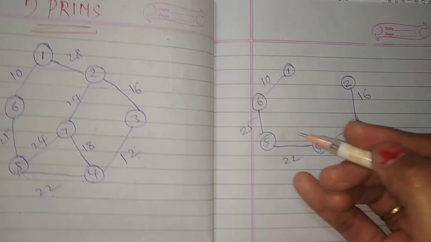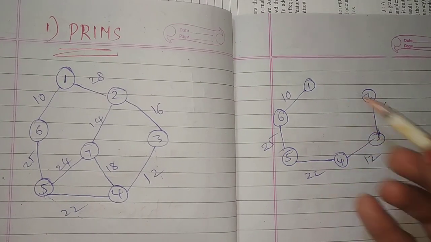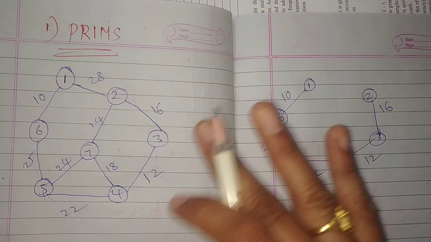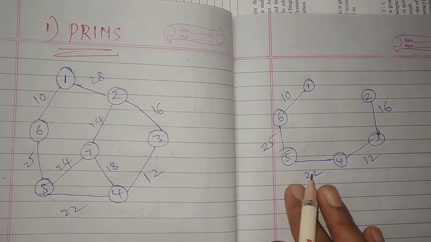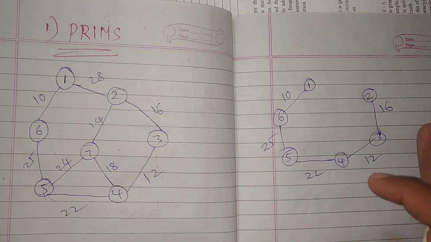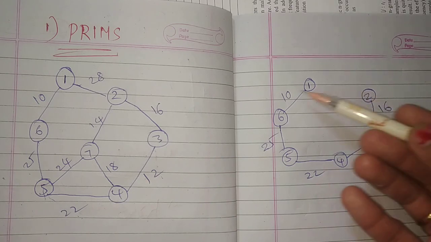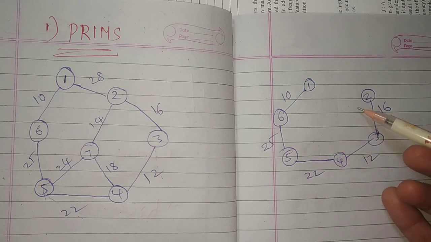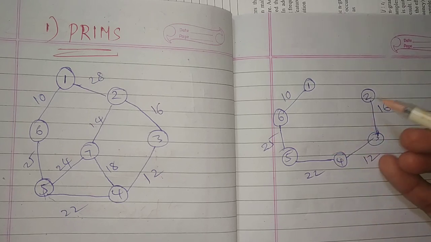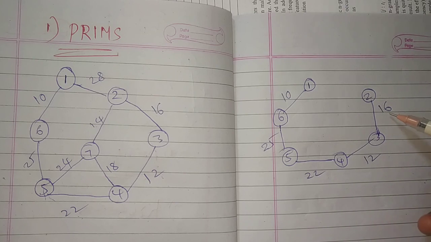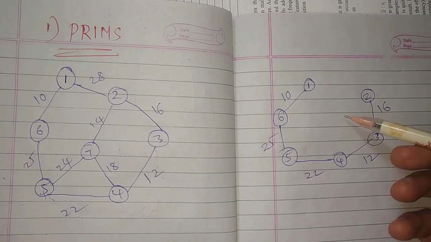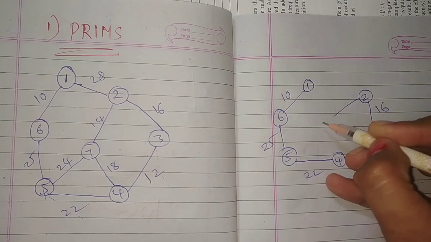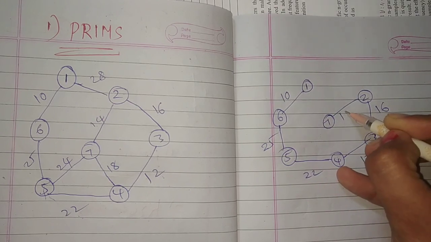Again you have only one, so that's why you take 2 to 3, 16, right? And next 2 to 1, no, you would get a cycle, don't take that. Because in a spanning tree no cycles will form. Okay, next don't take that. Next for 2, 14, right? Among 16, 14, 14 is the minimum, correct? 7, 14.